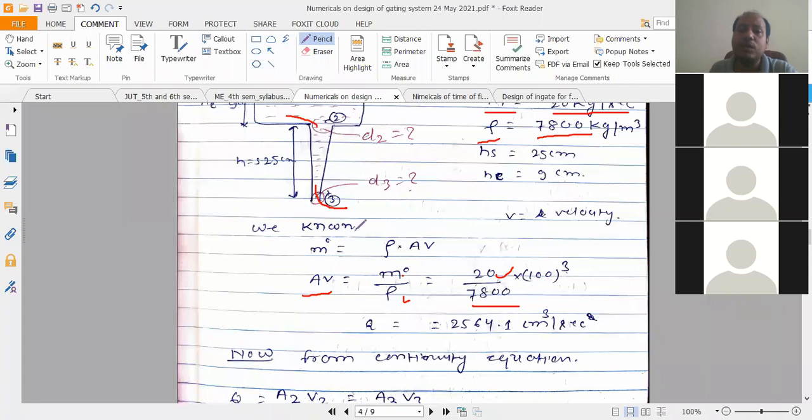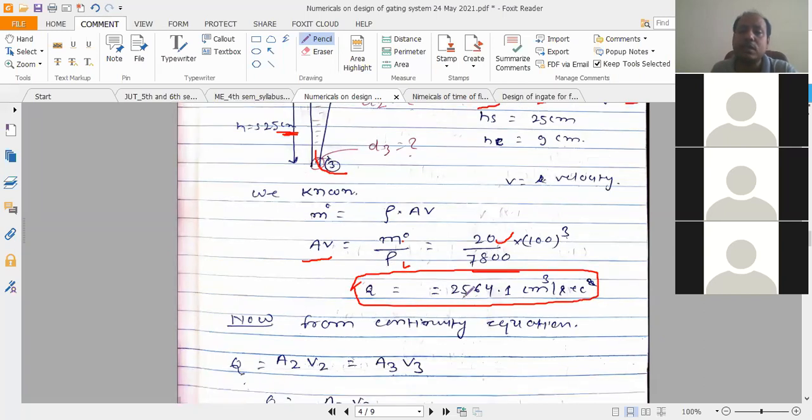All the dimensions are given in centimeter, so we divide the 7800 kg per meter cube by 100 cubed, then it will be in centimeter cube per second. This is what I have calculated, but you have to check once again. This one is 2564.1 centimeter cube per second.